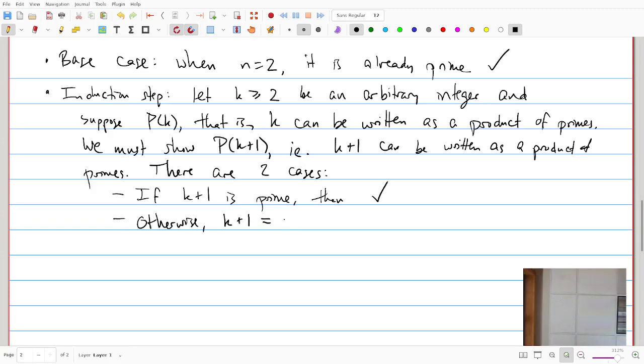That's what we're trying to prove. But by definition, we can say that we can factor it somehow into some A times B, where A and B are not 1 and not k plus 1. Right? They're something other than that, so they're in between 2 and k.